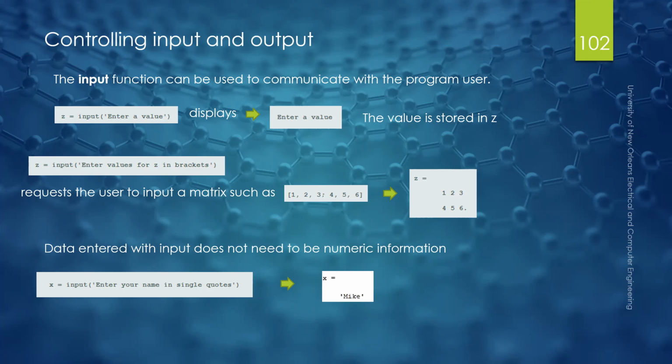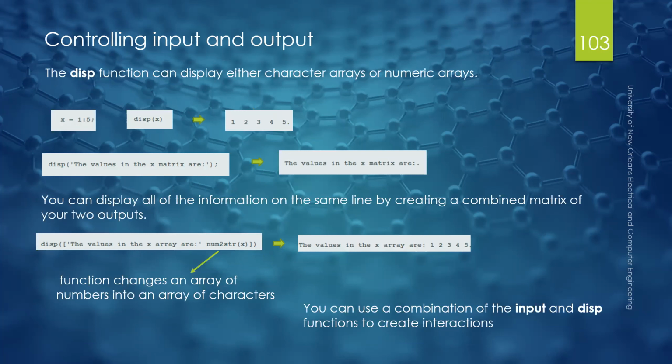So we used some of this in the previous examples. Hopefully you remember. We also use the DISP function, which can display either character arrays or numeric arrays. So in this example, we have x defined as the numbers from 1 through 5. And if we simply say DISP x, of course, you will see the contents of x.